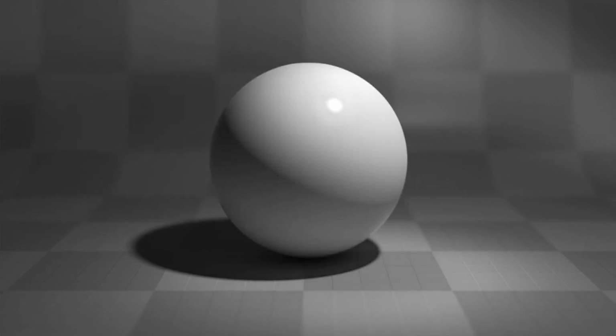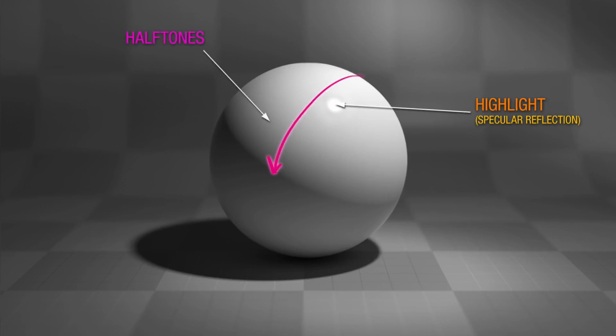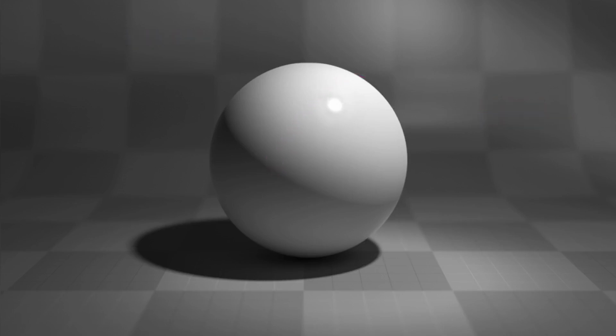It's very important that in your mind you separate the highlight from the halftones. Halftones model the form, they turn the form, while the highlight sits on top of the halftones, and it's usually the lightest value used in shading. Alright, I need your full attention now.